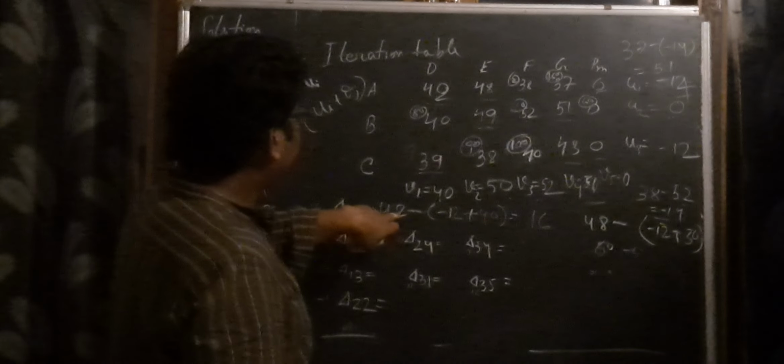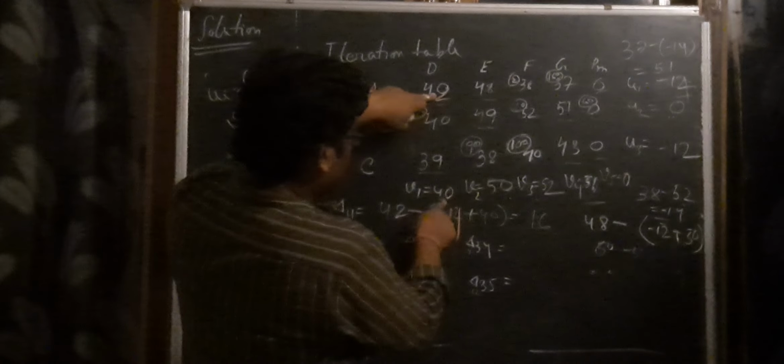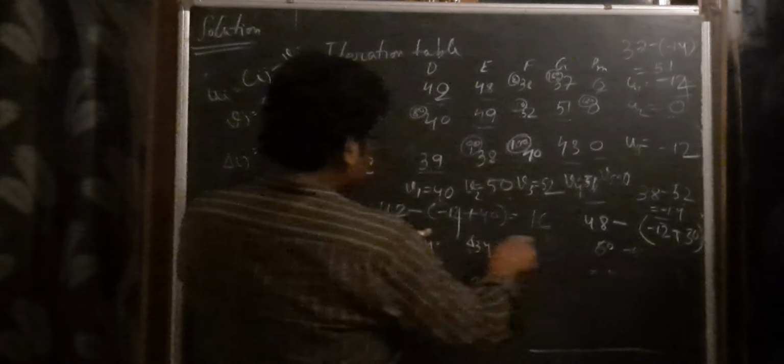This is the value. So again del 11, 42 minus minus 14 minus 40 V1, so it is 16. After calculation it will be 16.